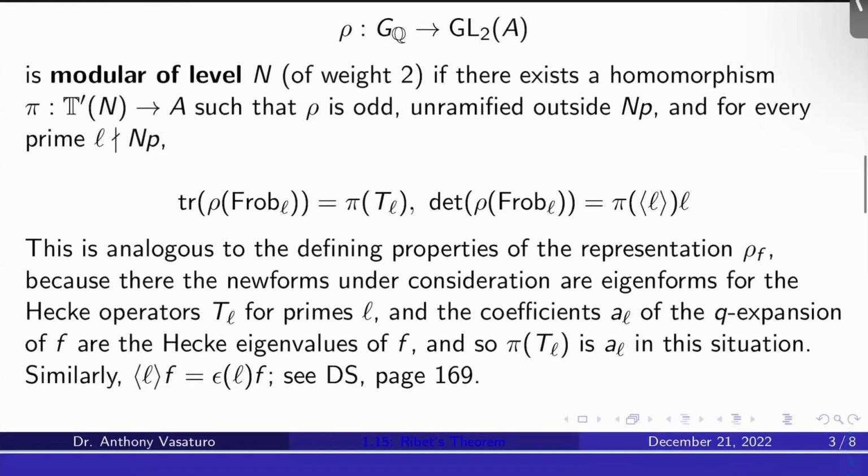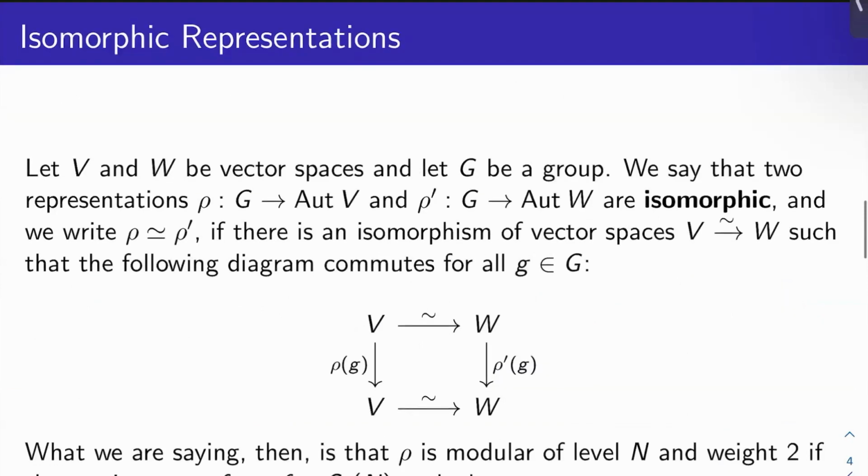Okay, so I'm going to give you an easier way to think about modular Galois representations right now. Let V and W be vector spaces, and let G be a group. We'll say that two representations rho from G to Aut(V), and rho prime from G to Aut(W), are isomorphic, and in that case we'll write rho is isomorphic to rho prime, if there is an isomorphism of vector spaces V with W, of course, but such that more is true.